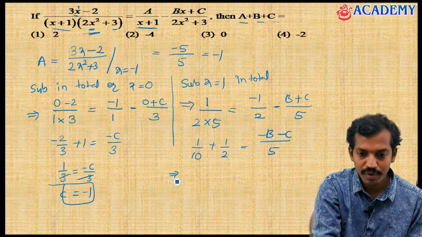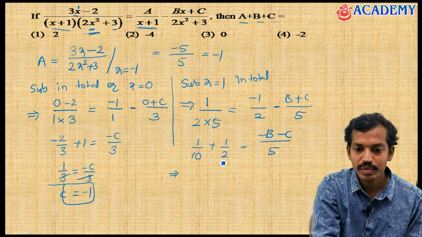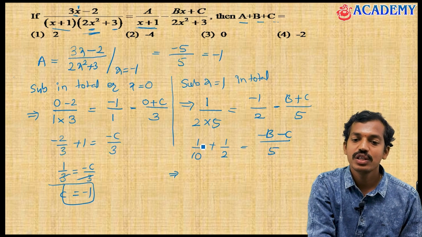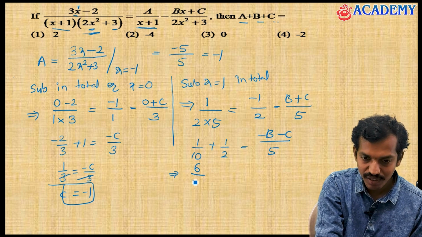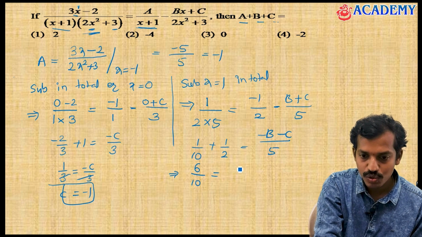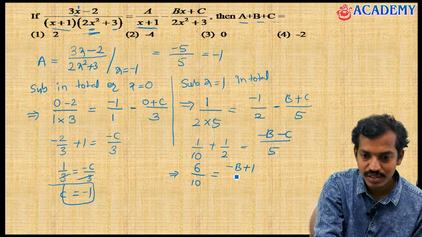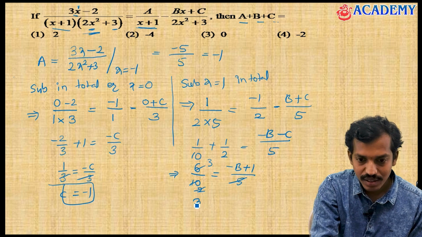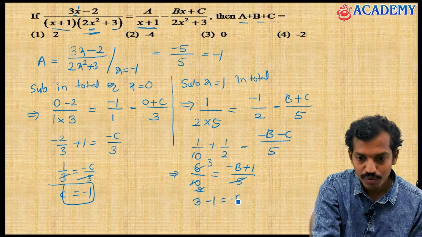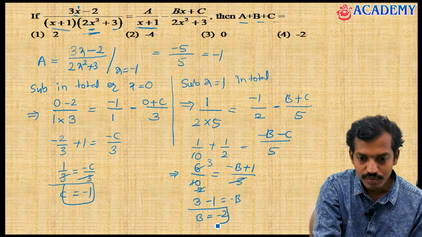Now simplify, the LCM is going to be 10, that is 1 plus 5, which is 6, divided by 10 equals minus b, with the c value minus 1 already, it's plus 1 divided by 5, that is 5 2s are, that is 2 3s are. If I take minus 1 to this side, it's going to be 3 minus 1 equals minus b, from here b equals minus 2.